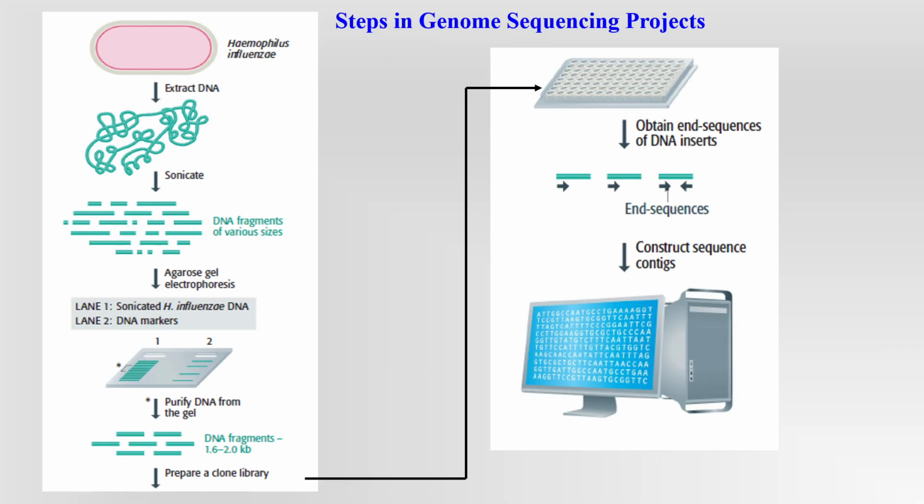This is one diagrammatic representation taking Haemophilus influenzae, one bacterium, as a model organism for the whole sequencing project steps. You can see extraction, shotgun sequencing, separation by electrophoresis, then fragment preparation, cloning, plating, then assembly, end sequencing.